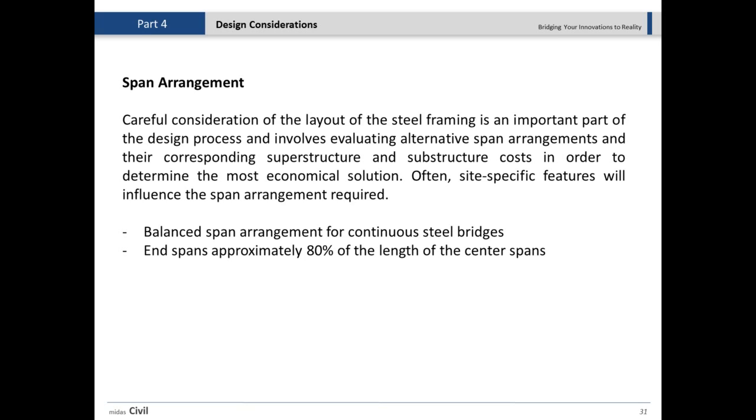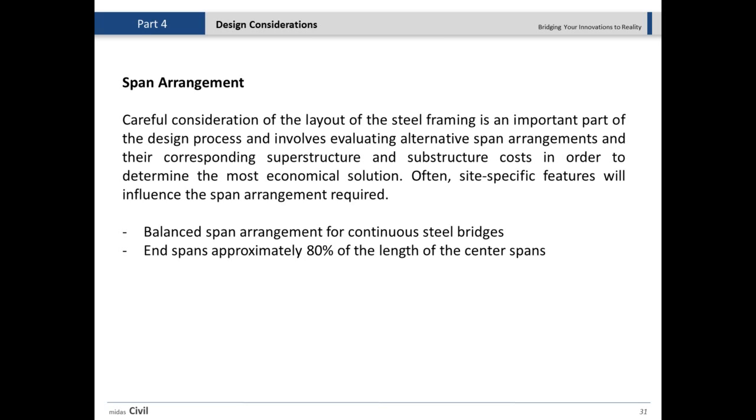All right, so in the last part we talk about the design considerations. I just quickly pinpoint these, and I'm not going to go into that much detail. So the span arrangement is pretty important, and the engineer should be aware of that, to come up with a kind of balanced structure.